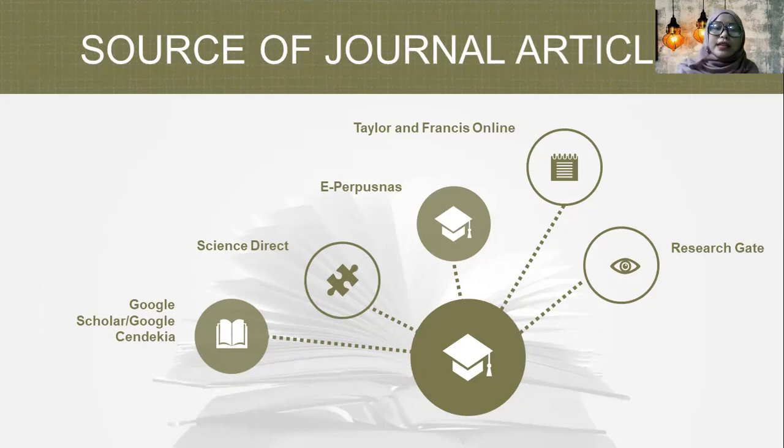The third platform is that you could go on searching in e-purposeness. Most of the articles or books shared in e-purposeness are Indonesian publications, but reputable articles and books.